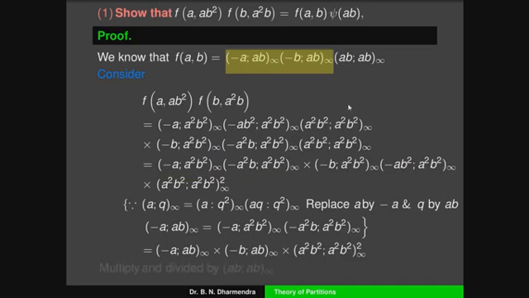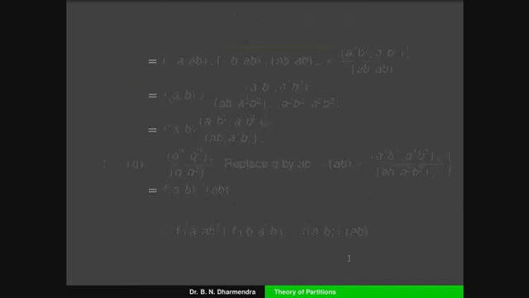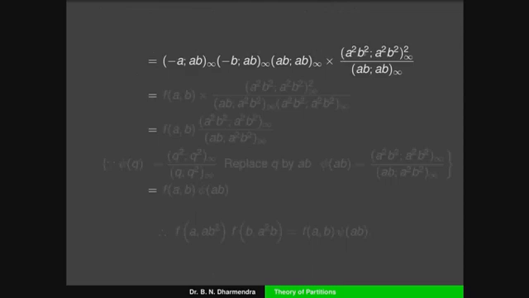That's why I multiply and divide by ab infinity. So it can be written as minus ab minus ab infinity into a square b square infinity whole square divided by ab infinity.